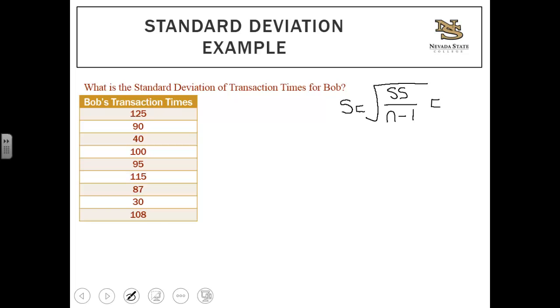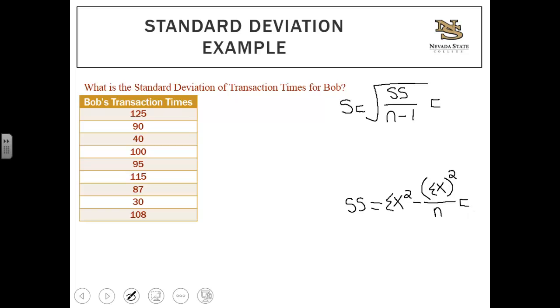And then my sum of squares formula to find that numerator. So sum of x squared, so squaring all the scores and adding them together, minus sum of x quantity, or in parentheses, so add all the x's together, then square that final value, divided by the sample size.